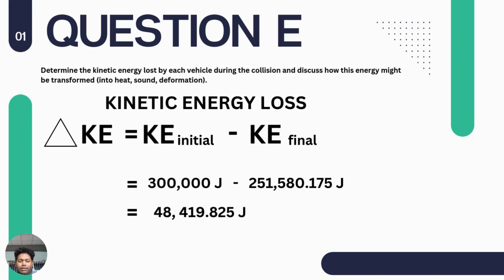Well, in terms of heat, it is generated due to the deformation of metal and friction. In terms of sound, the energy is dissipated as noise during the impact. And last but not least, in terms of deformation, permanent bending or crumpling of the vehicle structure. So this total energy loss, again, as we see, is 48,419.825 joules.